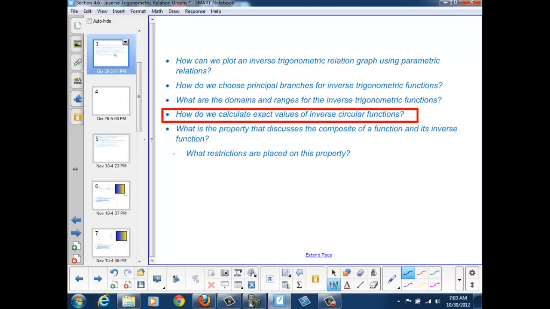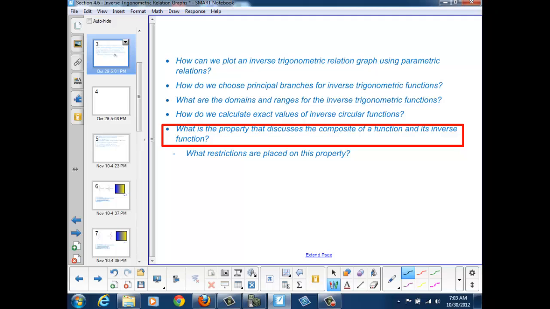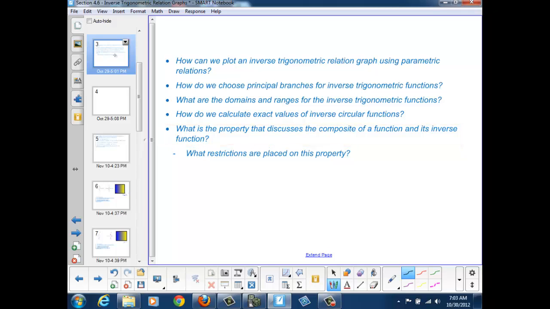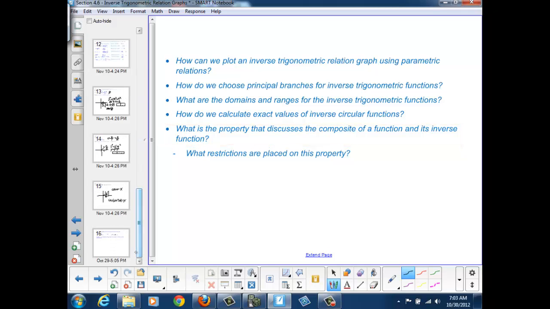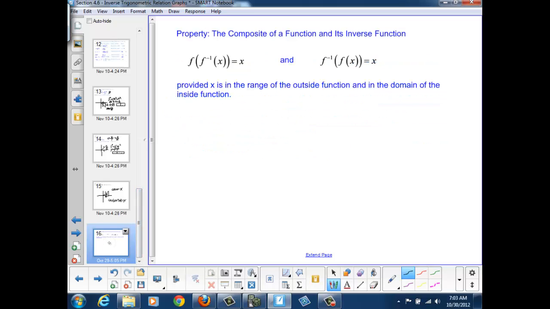How do we calculate exact values of inverse circular functions? We draw the triangles that produce the ratios necessary. What is the property that discusses the composite of a function and its inverse function? Well, that property is the fact that when we create the composite, the operations cancel out and we're left with the independent variable x.